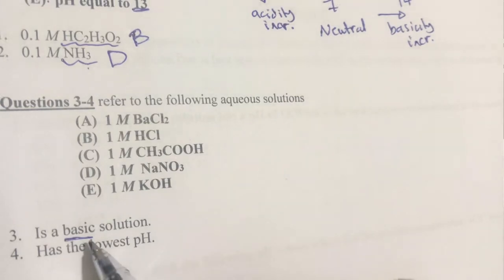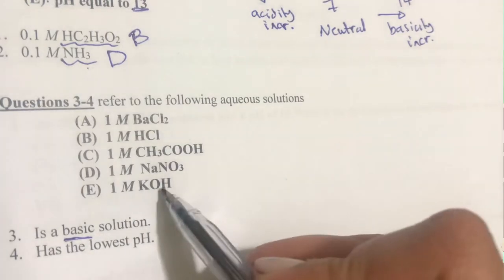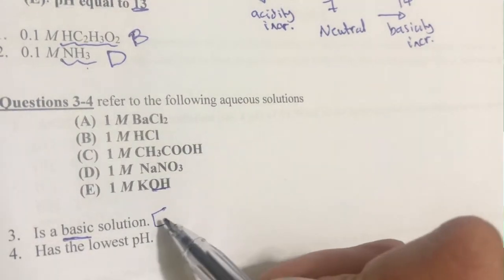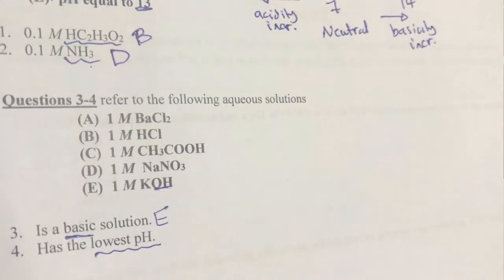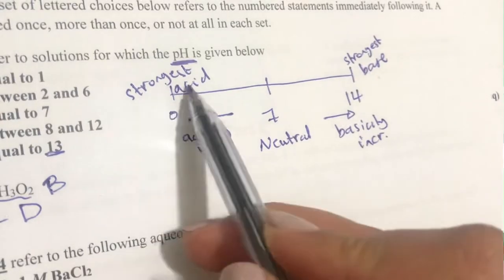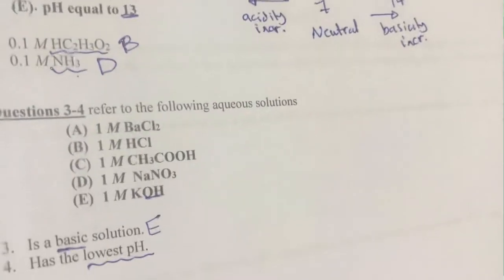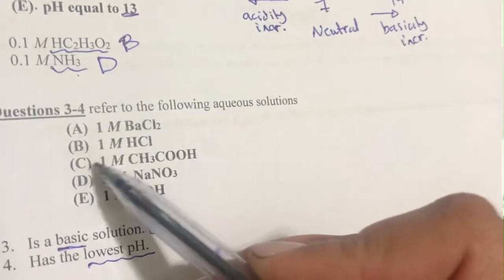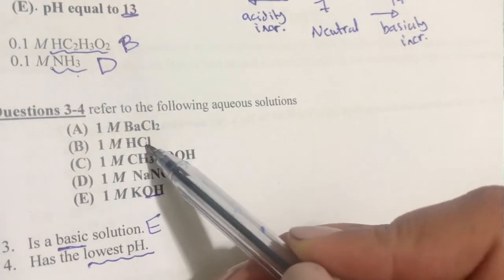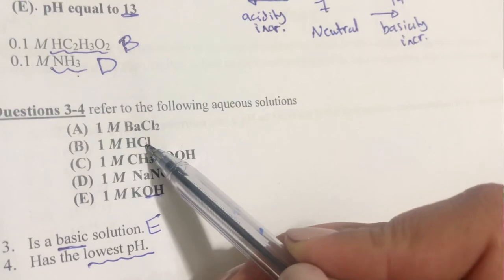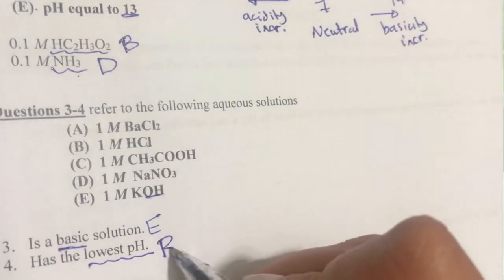According to the Arrhenius definition, a base contains hydroxide ion, so the answer is E. Which has the lowest pH? Here, the strongest acid. So B and C are acids. Acetic acid is a weak acid, and hydrochloric acid is a strong acid, so the answer is B.